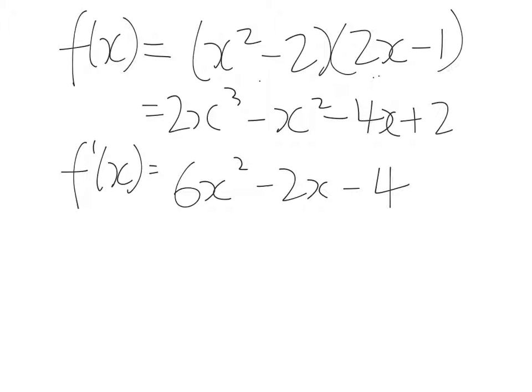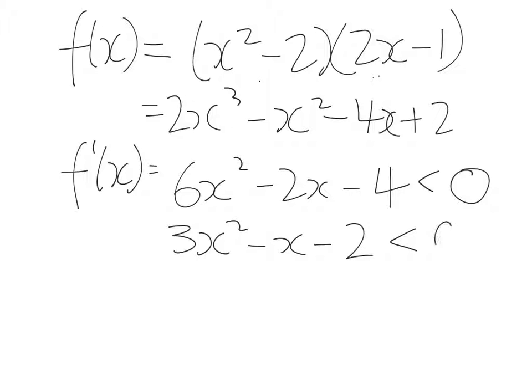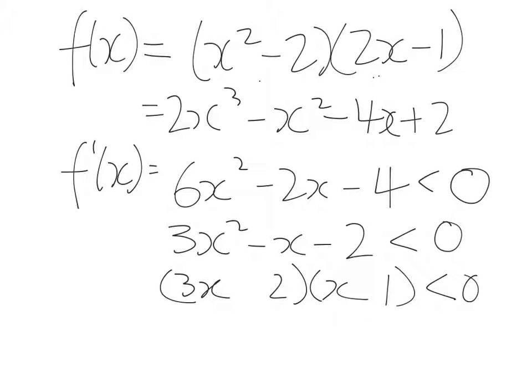And we want to find out where that is less than 0. So that's where 3x squared take away x take away 2 is less than 0, so we're dividing by 2 here. We factorise: 3x plus 2, x minus 1, less than 0.